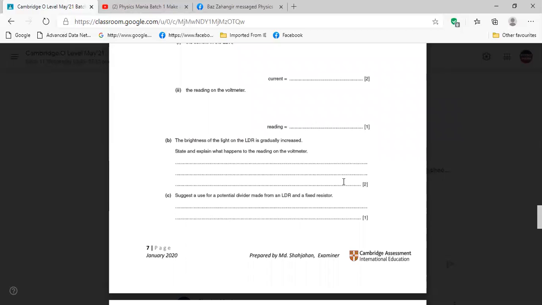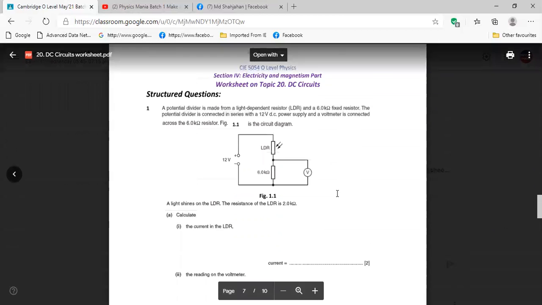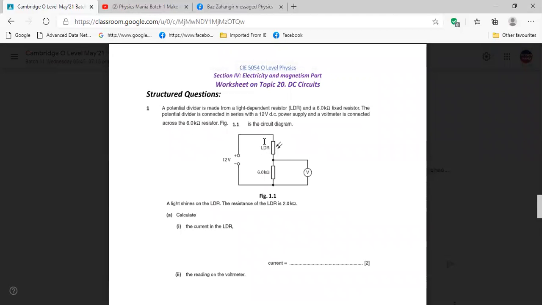Next, continue, read. The brightness of the light on the LDR is gradually increased. State and explain what happens to the reading on the voltmeter. It increases. As the brightness increases, the resistance decreases. So if the resistance of the LDR decreases, the LDR will have less voltage share than before.